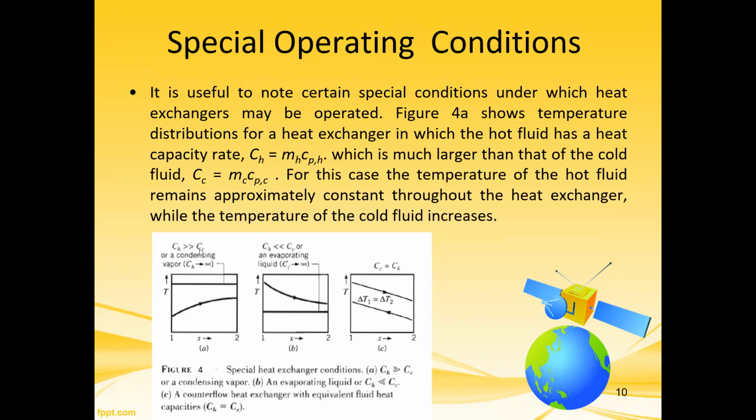For this case, Ch is greater than Cc, or a condensing vapor. For this case, the temperature of the hot fluid remains approximately constant throughout the heat exchanger, while the temperature of the cold fluid increases.